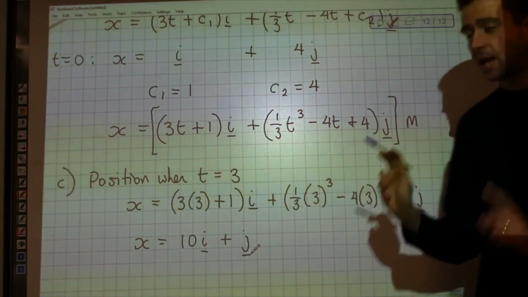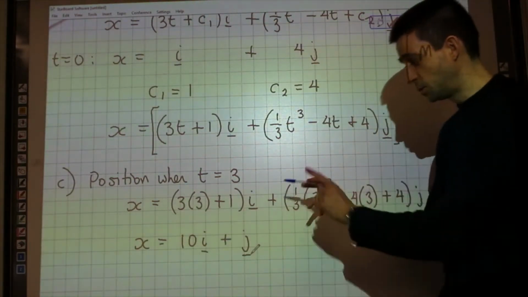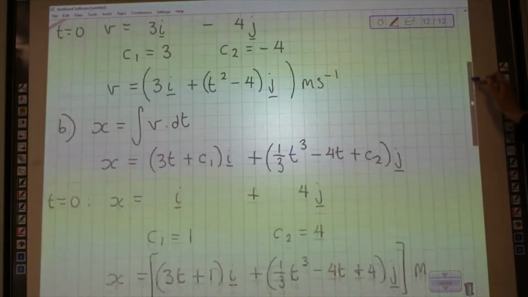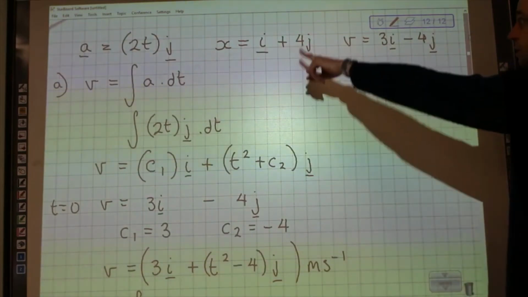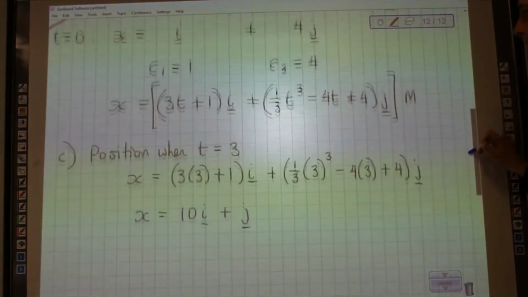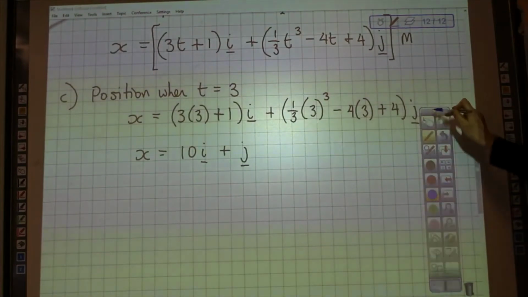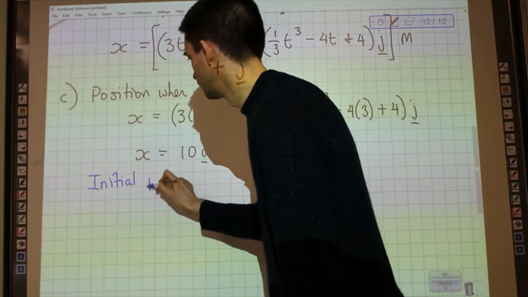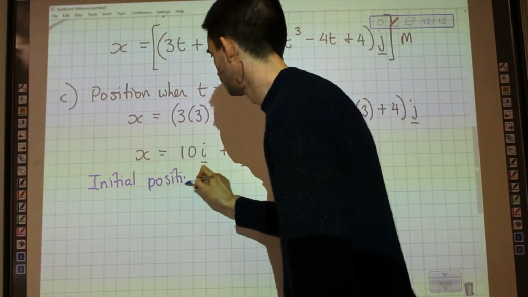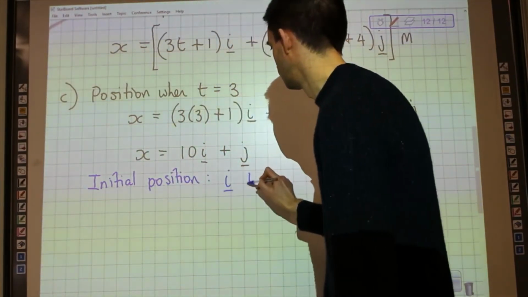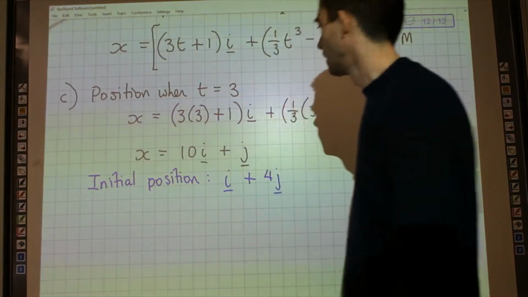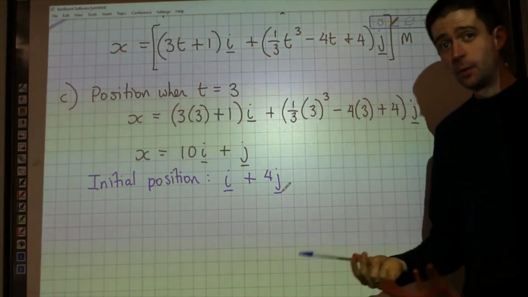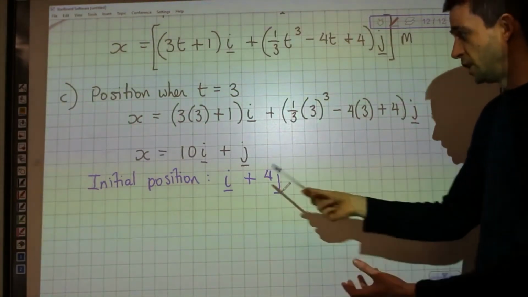Now, that is not the same as displacement. That is where it is, not how far it's travelled. What we have to remember is that our initial position was i plus 4j, and we want to know how far we've moved in relation to that initial position.